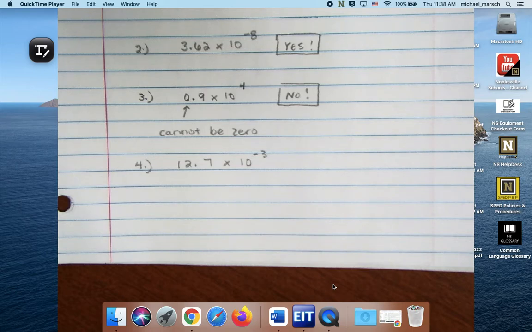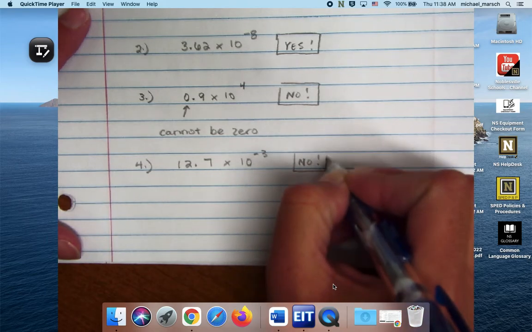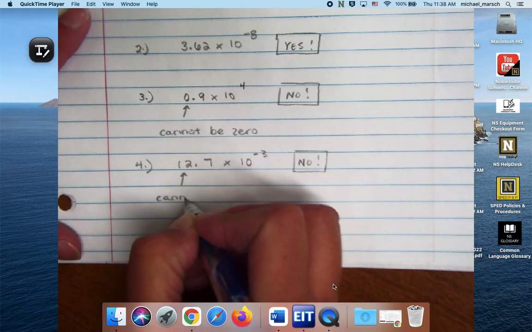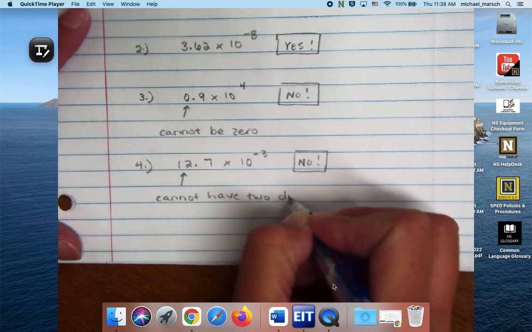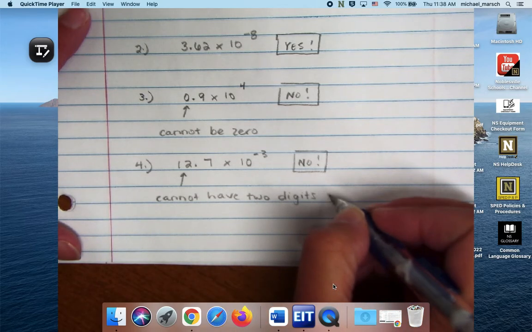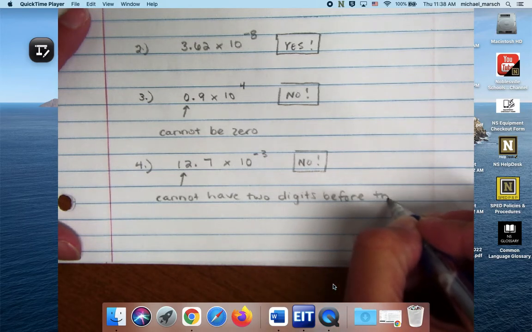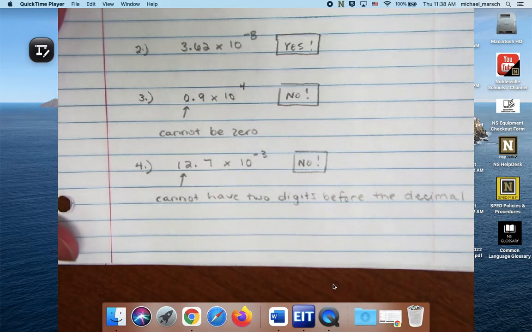No. Okay, why is it not scientific notation? Why, Maggie? Because you can only have one digit in front of the decimal. Correct. Right, that's a rule breaker right there.